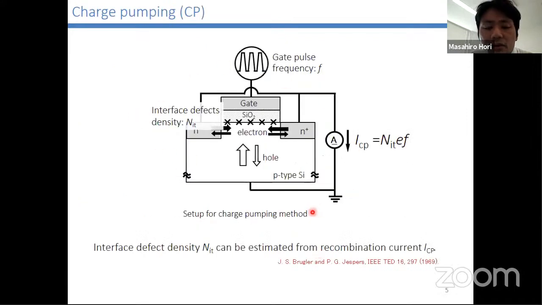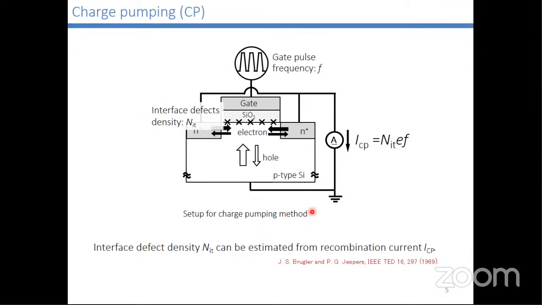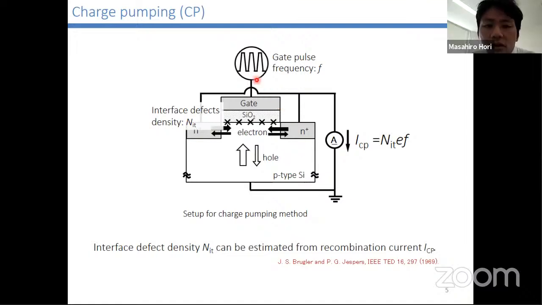This figure shows the setup for the charge pumping method. The point is that a pulse voltage is applied to the MOS gate. When a positive bias is applied to the gate, source drain electrons flow into the channel, and some of them are captured by the defect states. Subsequently, when a negative bias is applied to the gate, holes flow into the channel from the substrate, so the trapped electrons recombine with the holes. Therefore, a recombination current flows.